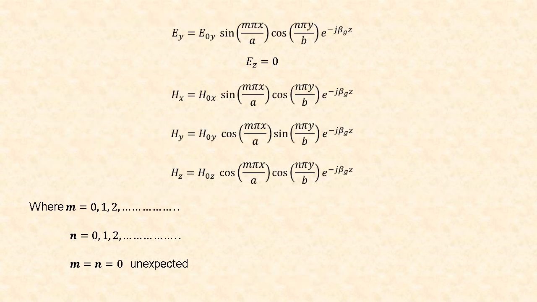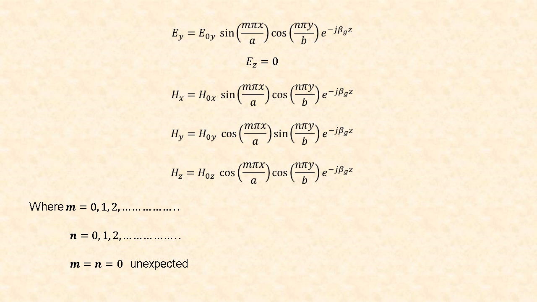Next equation, Ey, that is the electric field intensity in the y direction, is equal to E0y sin(mπx/a) cos(nπy/b) e^(-jβg z). Next, Ez, that is the electric field intensity in the z direction, is equal to 0.